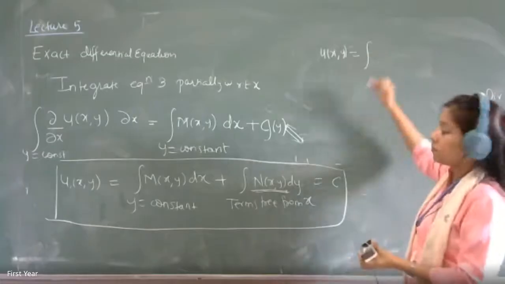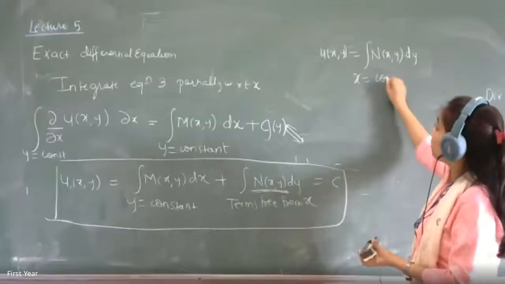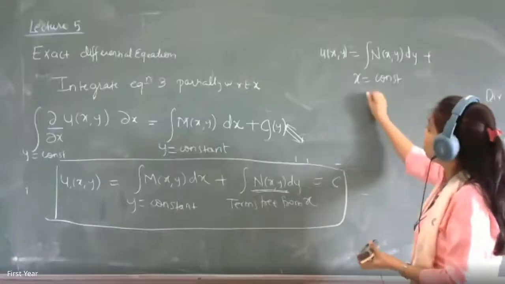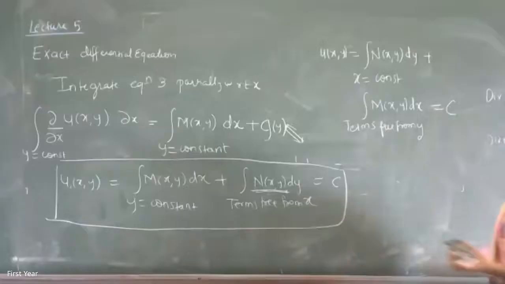Integration of m of xy dx, with dy. x is constant, plus the integral of m of xy dy, terms free from y. Here y is constant, terms free from y, is equal to c. That's your answer.